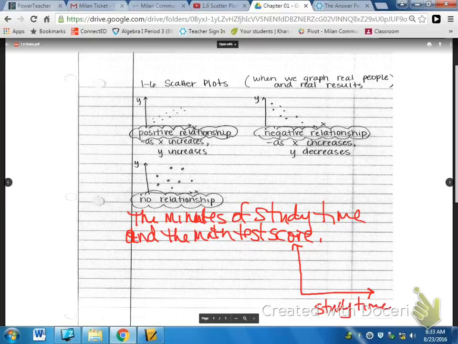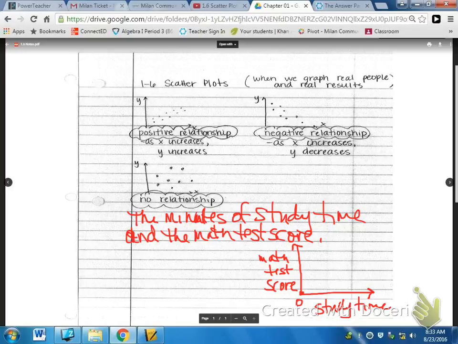And remember, you start in the corner with 0 study time. And then the y-axis is your math test score. So study time going from 0 to, I could say, 100 or whatever.